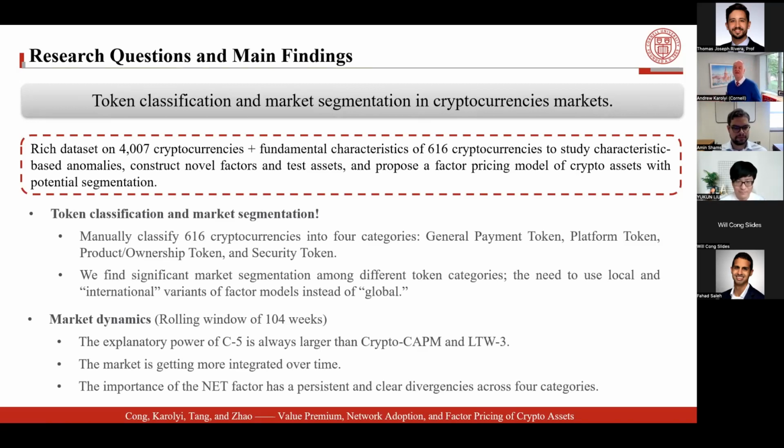Well, think about the universe of crypto as a giant global universe. And the idea is that there may be some subclasses of tokens by general payment flavor, a platform flavor, a product related to a particular service flavor, just like Amin said.